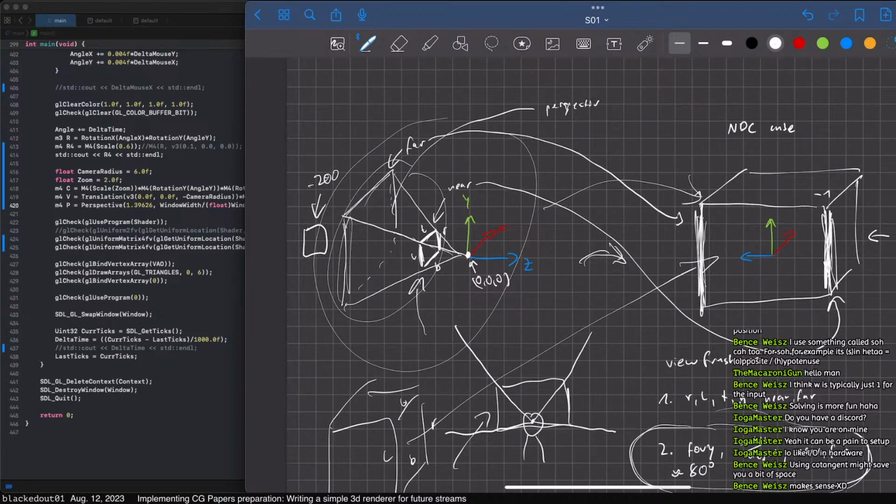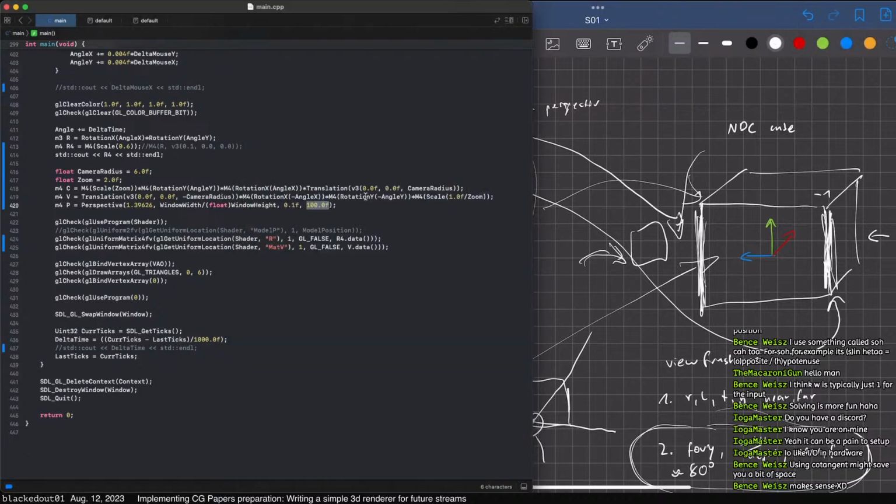The cube would be cut off here and would not be visible, because it's mapped here. That's really bad. So then you could say, okay, well maybe I just increase this to a very large number.